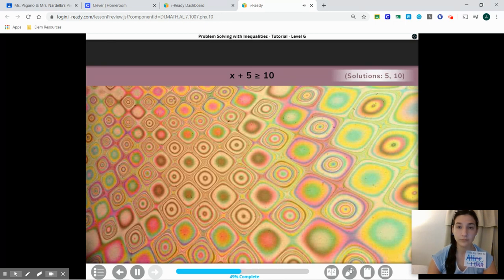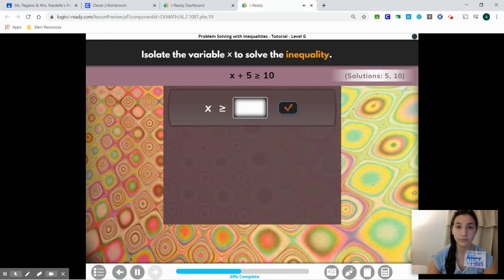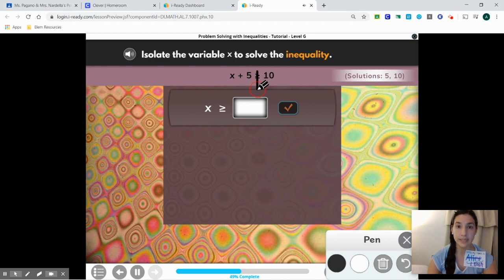Now we can find all of the solutions. Isolate the variable x to solve the inequality. If we draw our scale line and subtract 5 from both sides, we want to solve just like a regular equation, but keep the inequality symbol. Draw our line, these cancel out, additive inverses, and we're left with x.